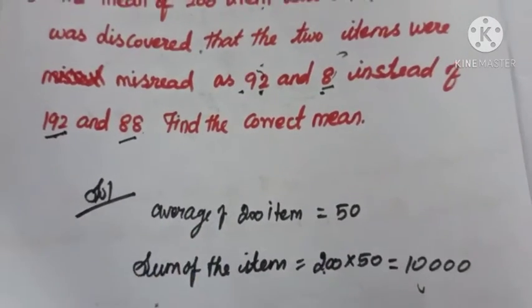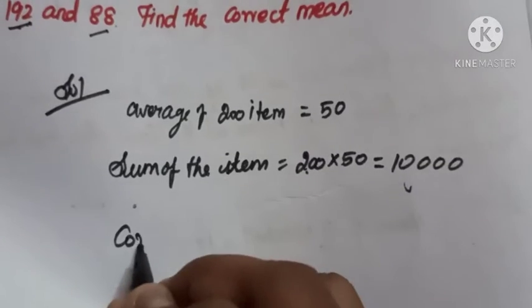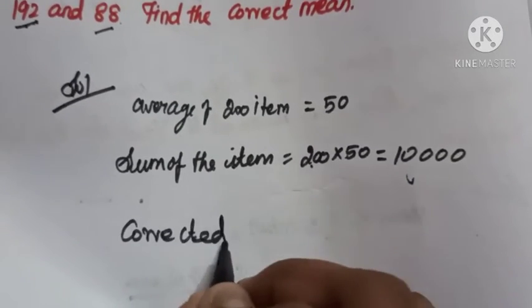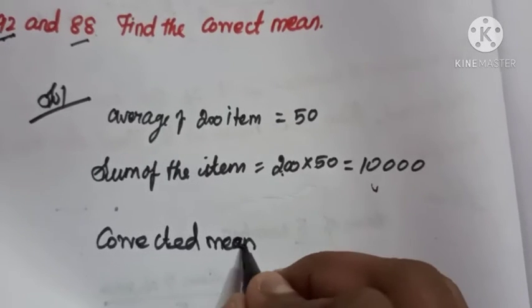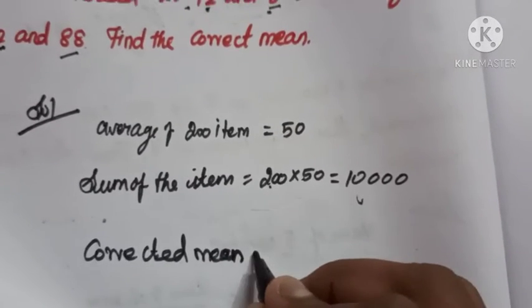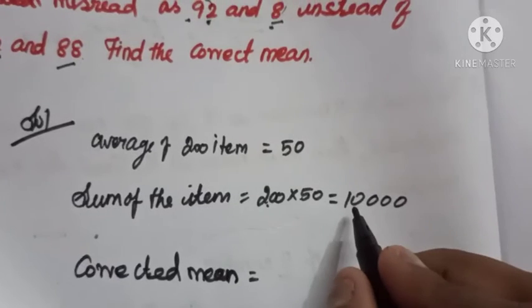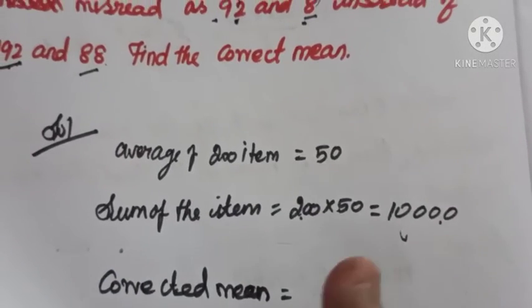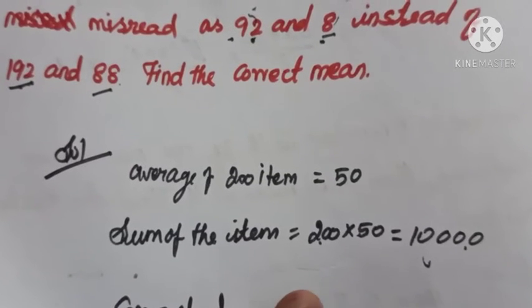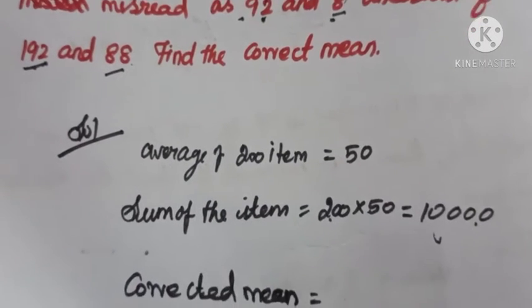So to find the corrected mean, you take this 10,000 and subtract the misread values and then add the correct values.